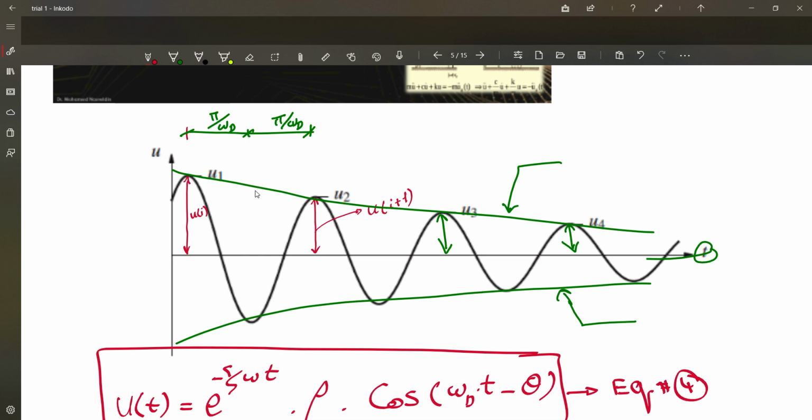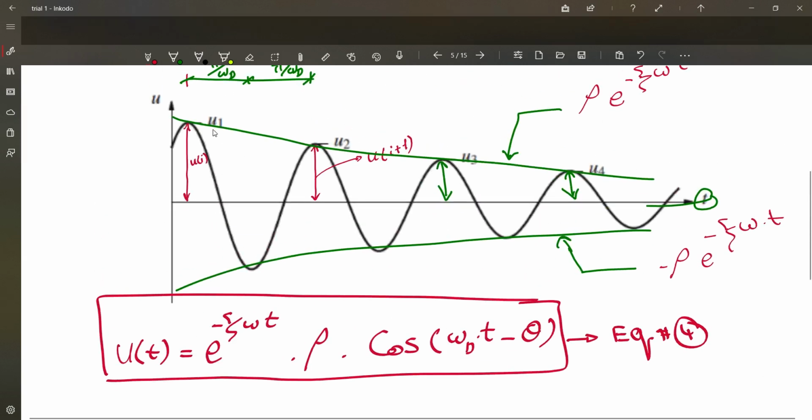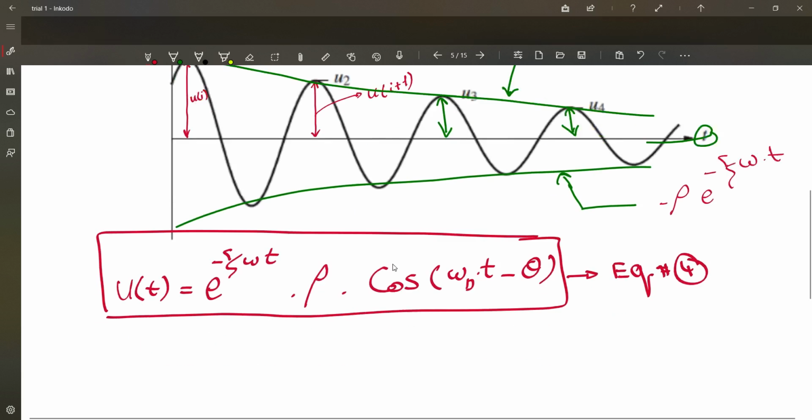So we said that they are enveloped by rho e to minus psi omega t, and this is the minus form of it, e to minus psi omega t. So this is the envelope that we are having here, enveloping our amplitudes.